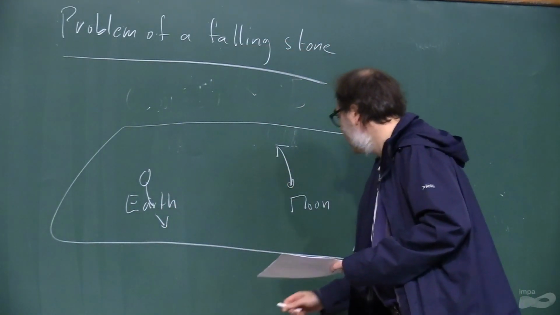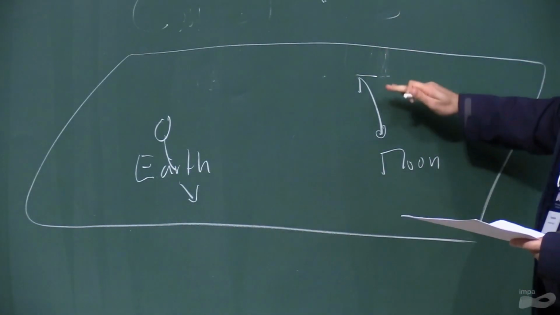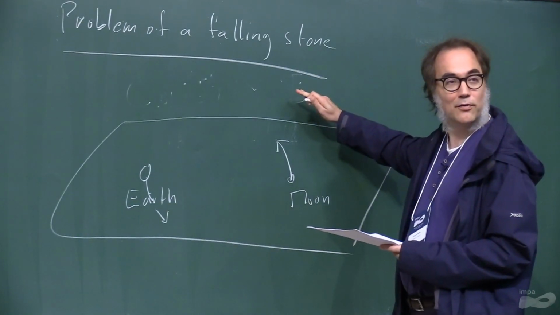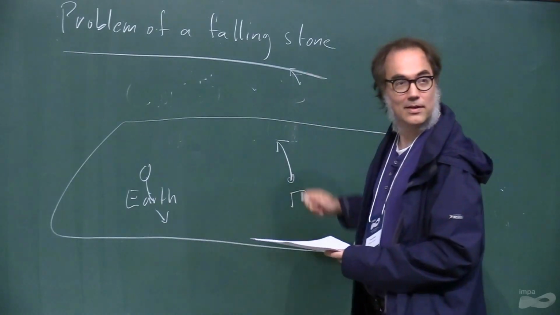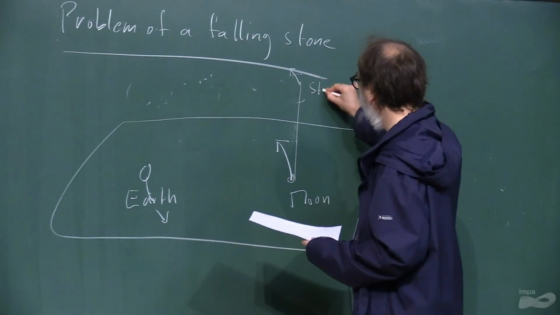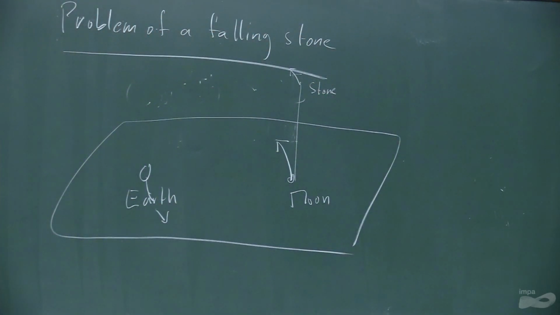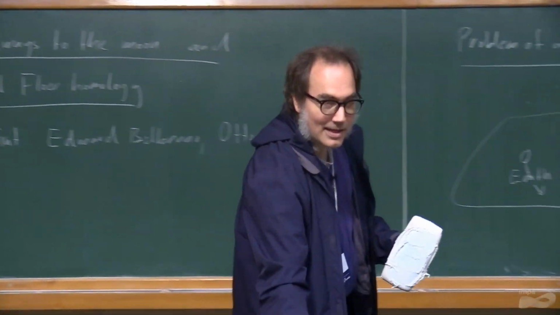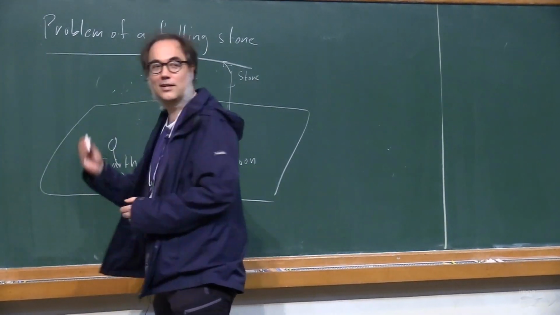And we have a stone. It's 3D, so it's above the Moon, and it starts with the same velocity. You should imagine this in 3D. Here is the Earth, here is the Moon, and the chalk is the stone.